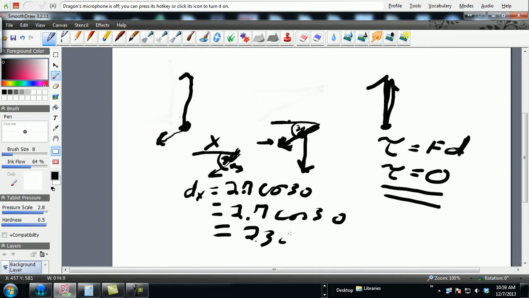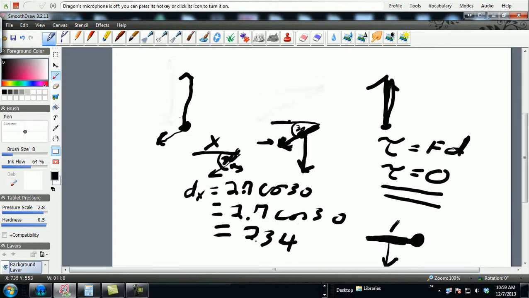So now we have the x component of the arm, which looks like this. You know the force goes straight down, but notice I put it from the center because that's the pivot point. Anytime you have a ruler or a stick, you want to deal with the distance from the center.